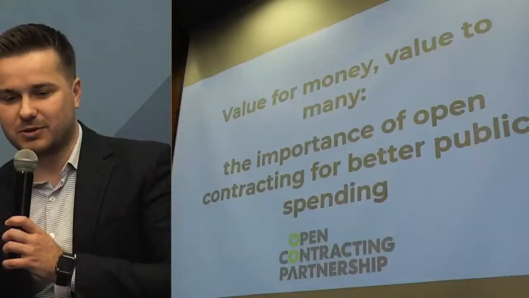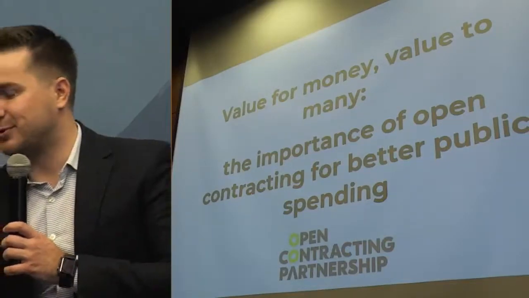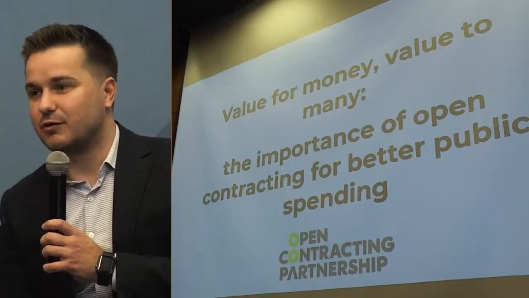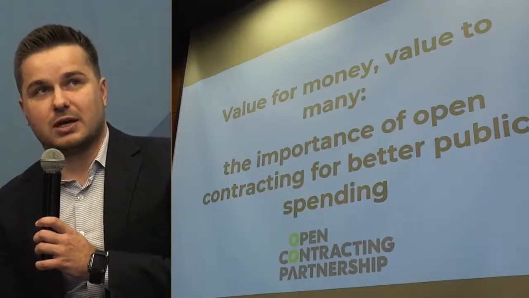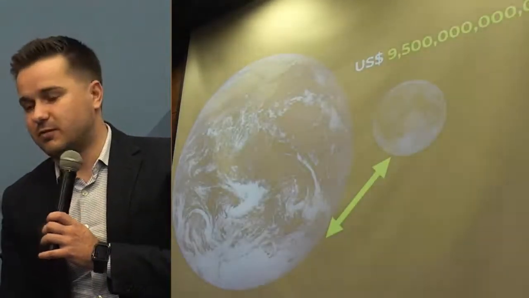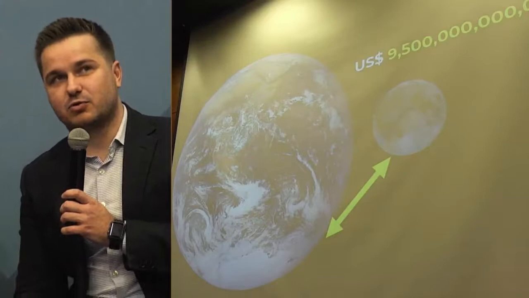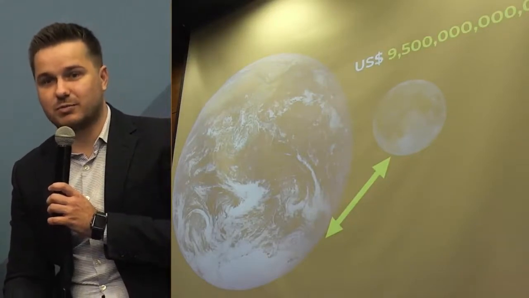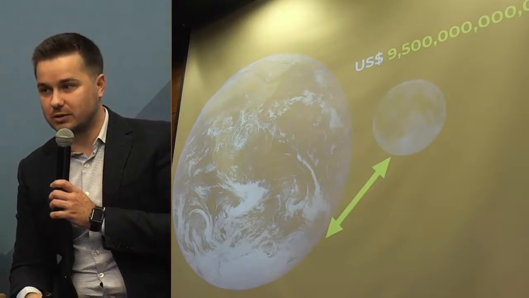As Tato started from the Milton Friedman quadrant, we also learned from them about this. I want to give you a more practical example of basically the same quadrant. But first of all, we have to understand the scale of the problem. $10 trillion annually is spent on public procurement worldwide.